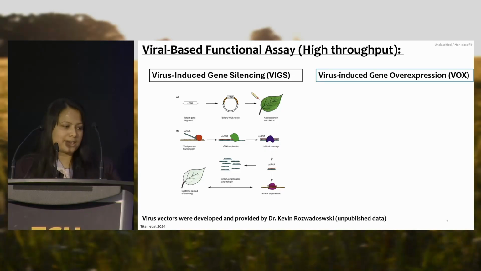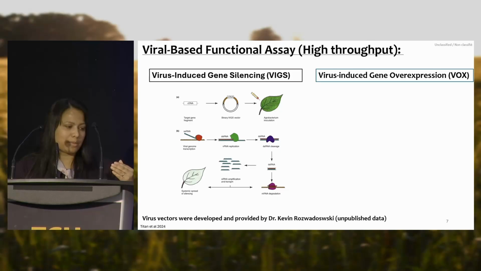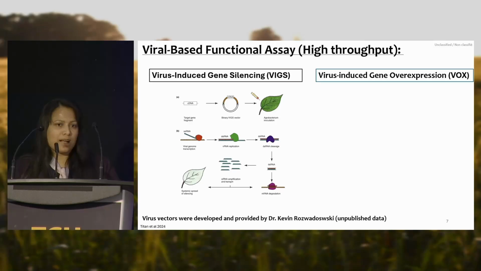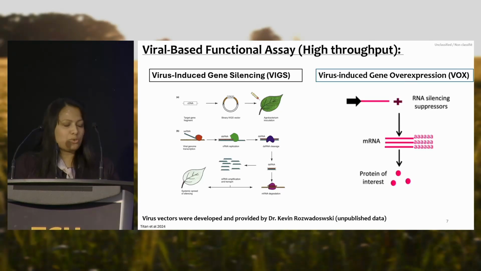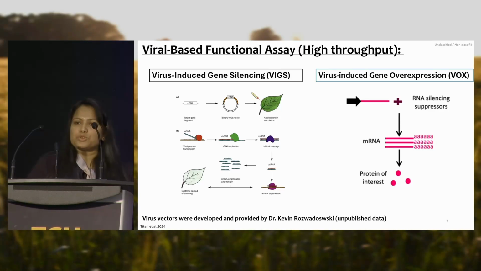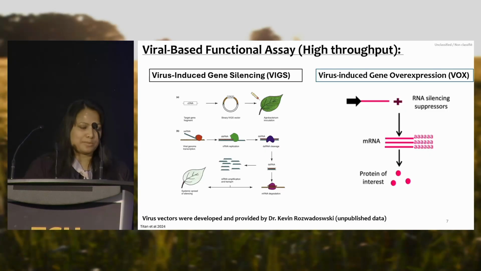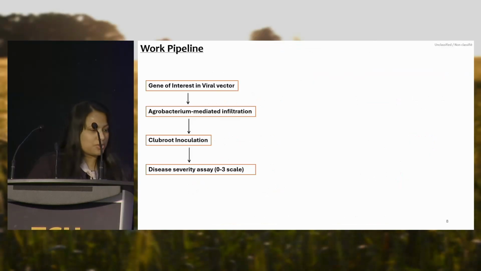Inside the plant cell, the plant RNA machinery processes this fragment and breaks it down into small interfering RNA, which ultimately breaks down the native target mRNA and causes silencing of our target gene. On the other hand, for overexpression, we cloned the full-length cDNA along with an RNA silencing suppressor, which prevents plant RNA silencing and allows high overexpression of the target genes.